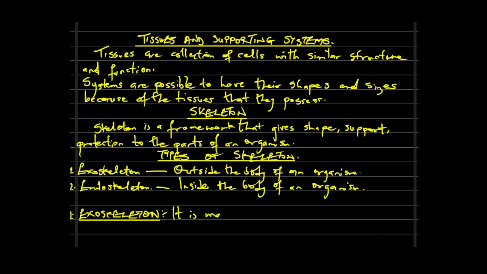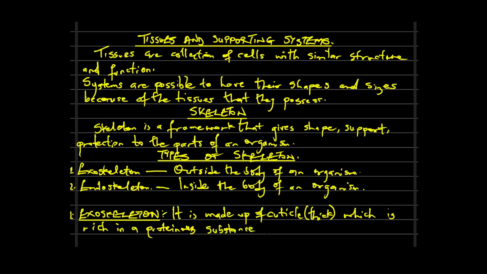The exoskeleton is made up of thick cortical, and this cortical is rich in a proteinous substance called chitin.